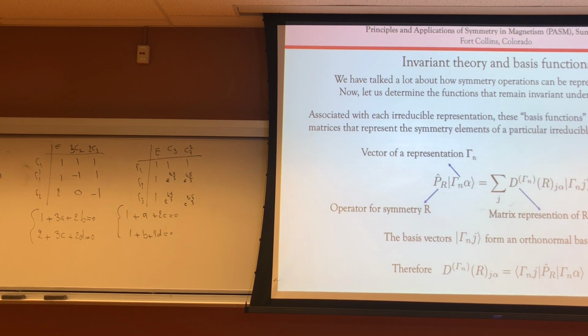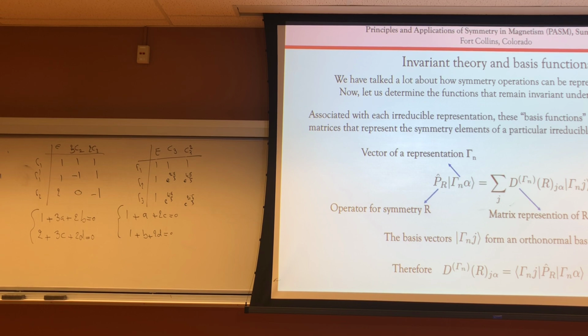Now I would like to move a step further and probably take another 5, 10 minutes. Okay, try 5. To talk about the invariant functions. It's actually only a matter of basis, right? We have found that you can represent the transformations of a crystal in terms of a basis of transformations, which are your representations.